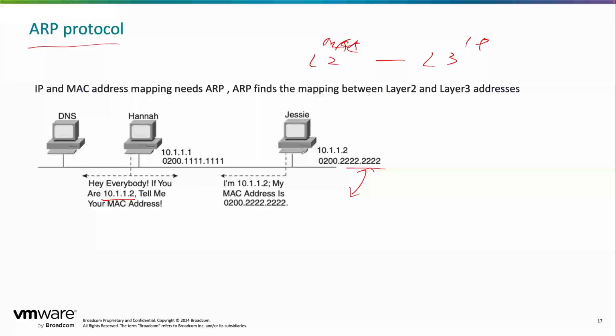Jesse listens to this request and sends out the response with the correct MAC address. So HANA knows the MAC address, does the encapsulation and sends out the Ethernet frame.